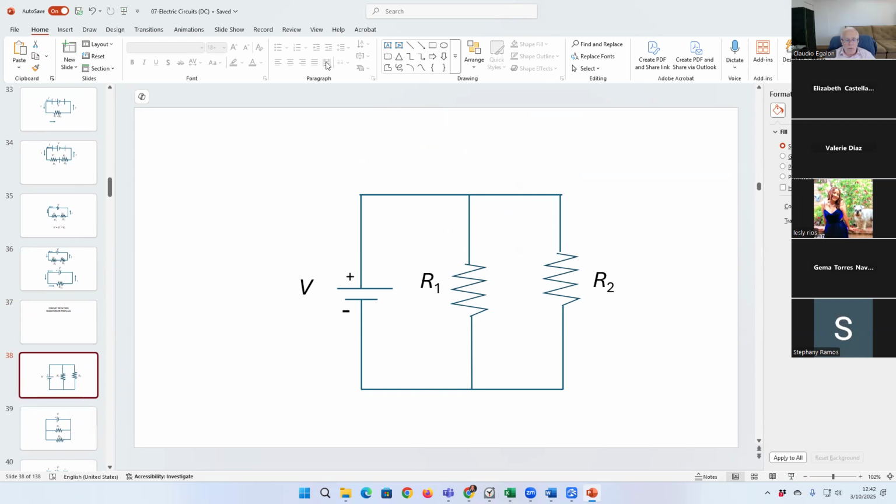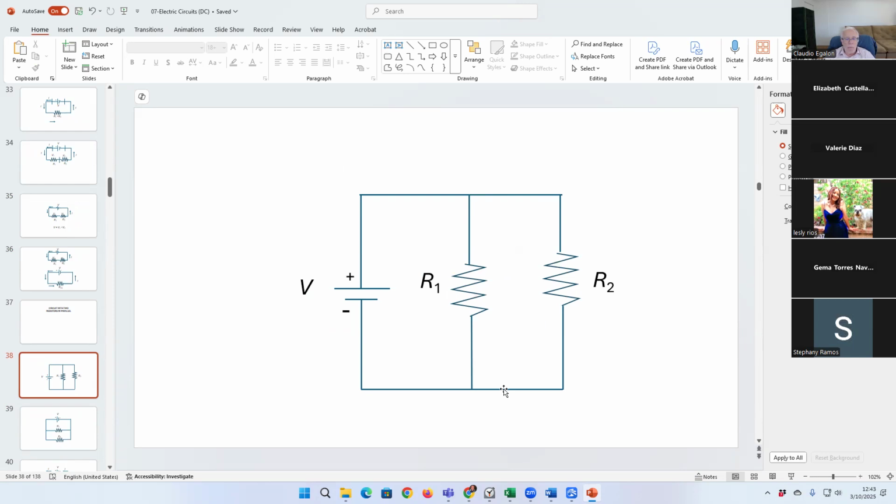When you have 2 resistors in parallel, the current will be different, but the voltage will be the same. Okay? Because this point here is the same as this point here. There is no loss in energy for the electron that goes through this wiring here because the resistance is negligible. So those 2 resistors have the same electric potential.